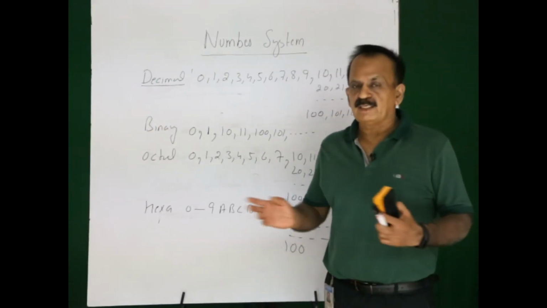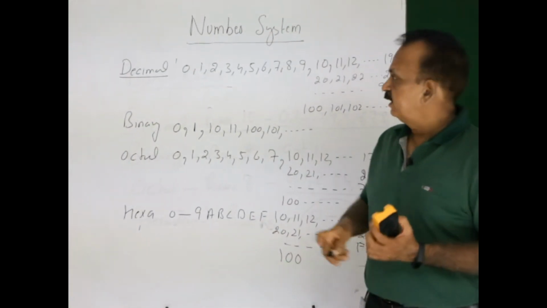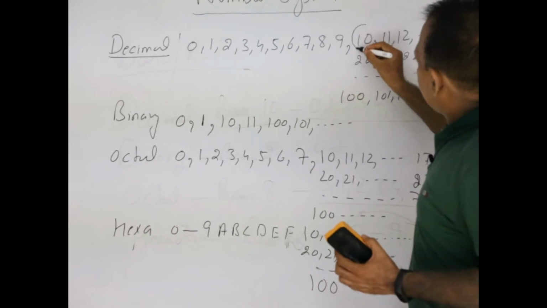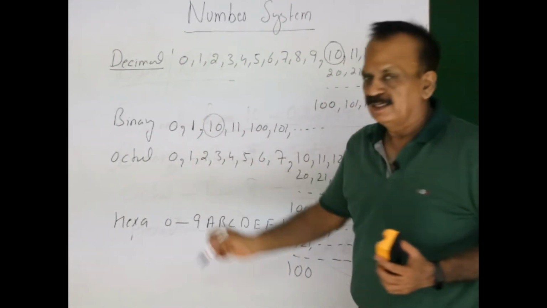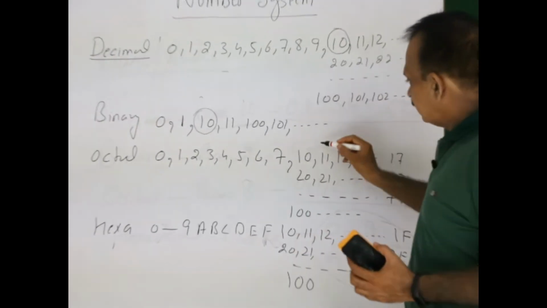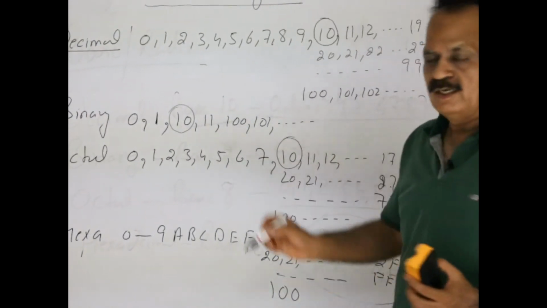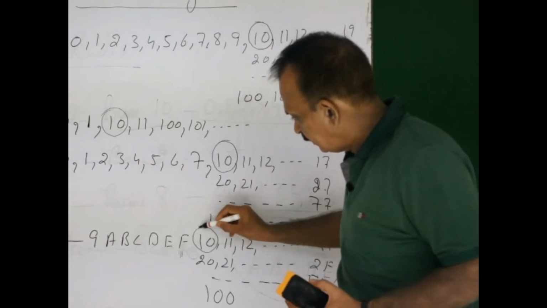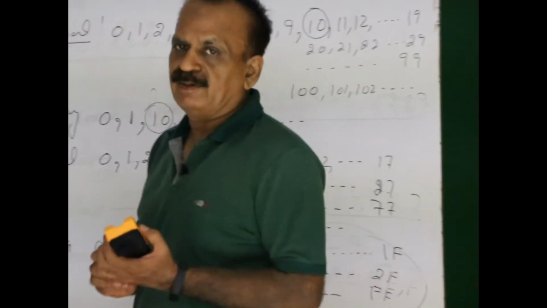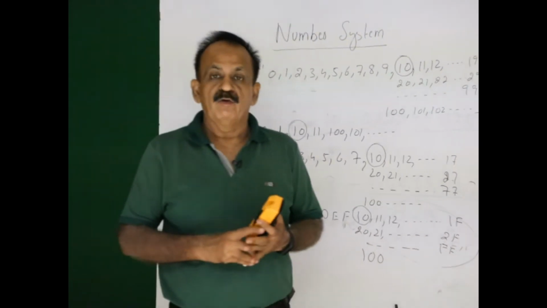Now, from this sequence it is very clear that 1 0 in decimal number system is different from 1 0 in the binary number system, is different from 1 0 in the octal number system, and no doubt it will be different from 1 0 in the hexadecimal number system.